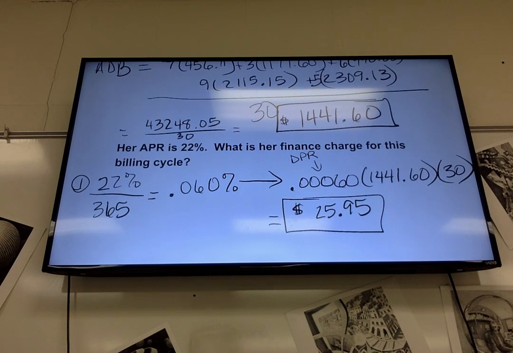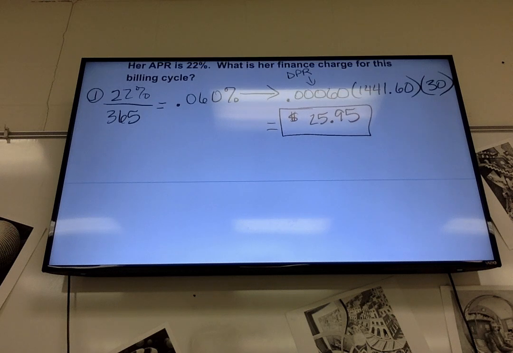Okay, we're going to do just a few more of these and make sure we've got it figured out. We're going to talk about starting off with a balance of $1,000.